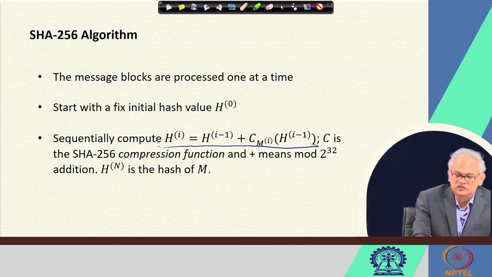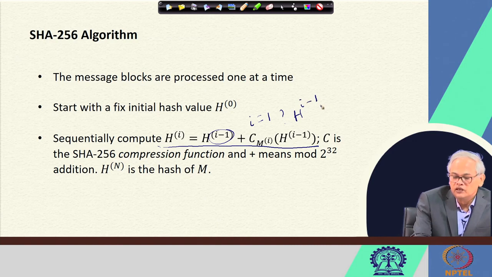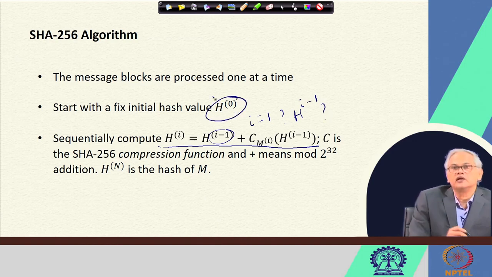Now, of course, it means that for H1 I need an H0, right. When i is equal to 1, what is the value of Hi minus 1? That is what is denoted here as H0.